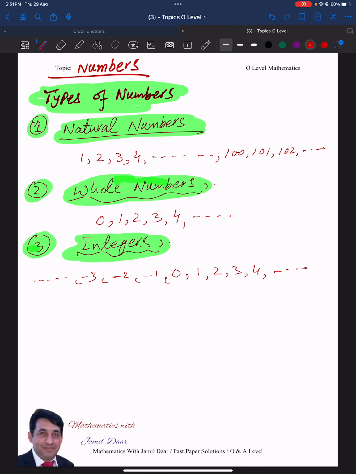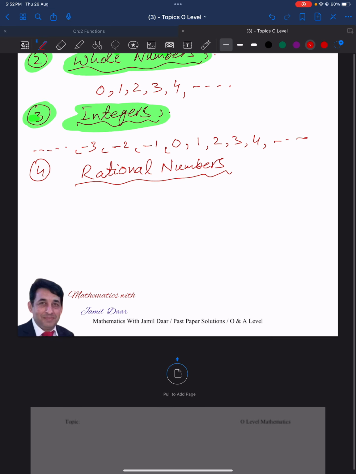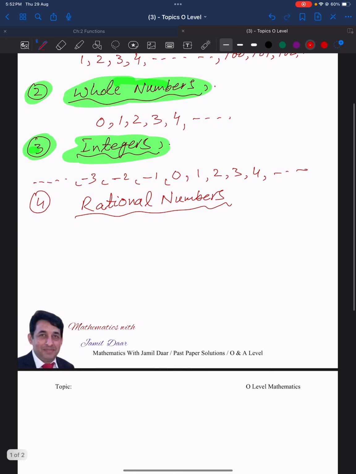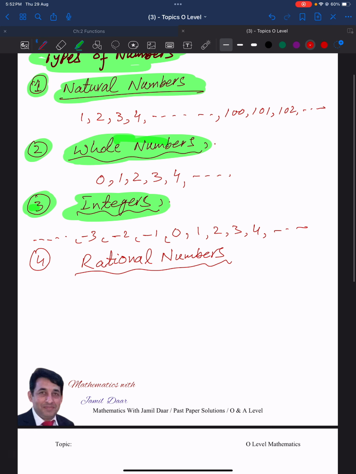The fourth type is rational numbers. The numbers which can be written in P over Q form, which means in fractional form, are called the rational numbers.